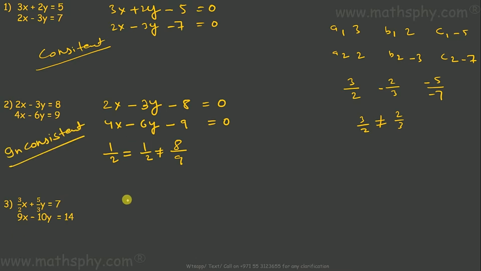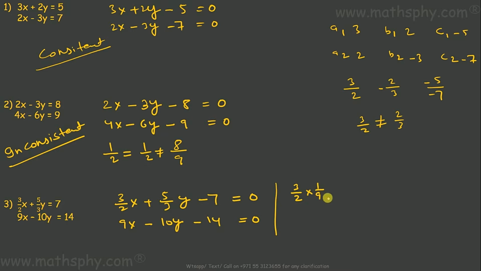This one here, 3 over 2x plus 5 over 3y negative 7 equals to 0, 9x minus 10y minus 14 equals to 0. A1 over A2, 3 over 2 into 1 over 9, which is 1 over 6.